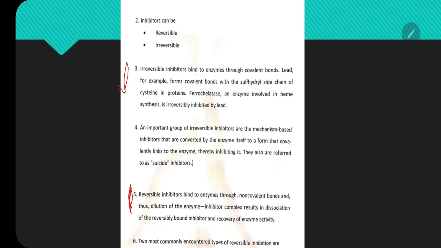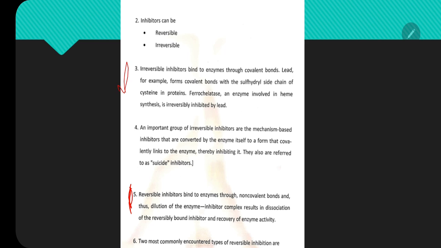I repeat the difference: irreversible inhibitors bind to the enzyme through covalent bonds, whereas reversible inhibitors bind through non-covalent bonds. So there is dilution of the enzyme inhibitor complex, which results in the dissolution of the reversibly bound inhibitor and recovery of the enzyme activity. So this is the difference between reversible and irreversible inhibitors.